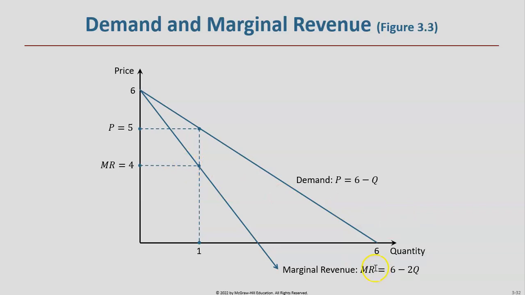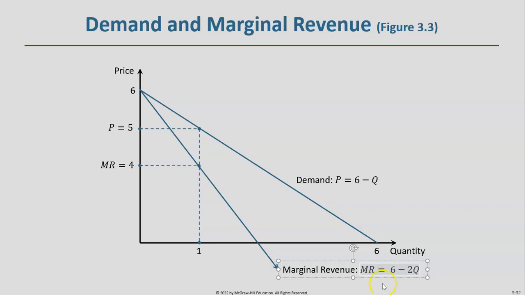Okay, and then the marginal revenue curve, marginal revenue equals 6 minus 2Q. When marginal revenue is equal to 0, if you plug in 0 on the left-hand side, then 0 equals 6 minus 2Q.